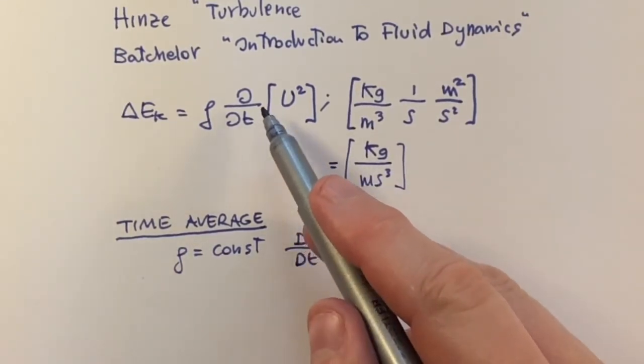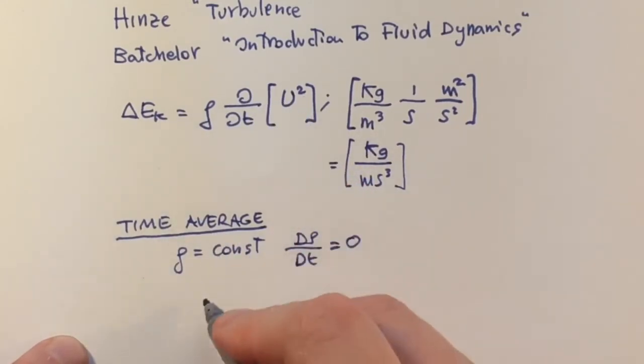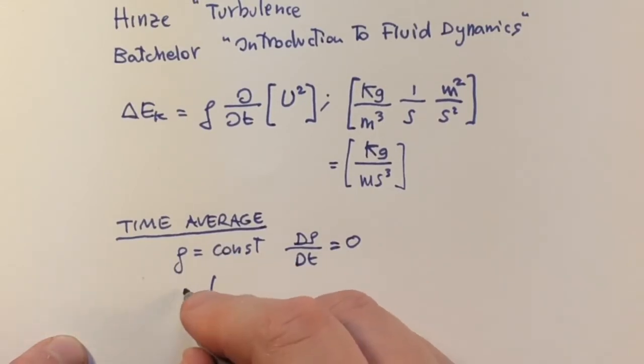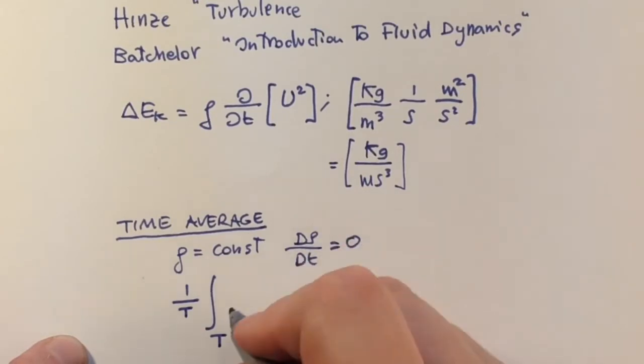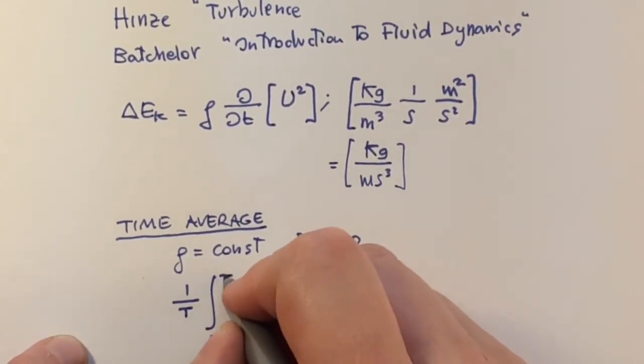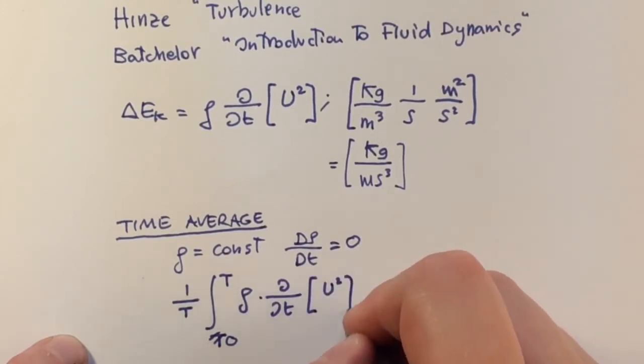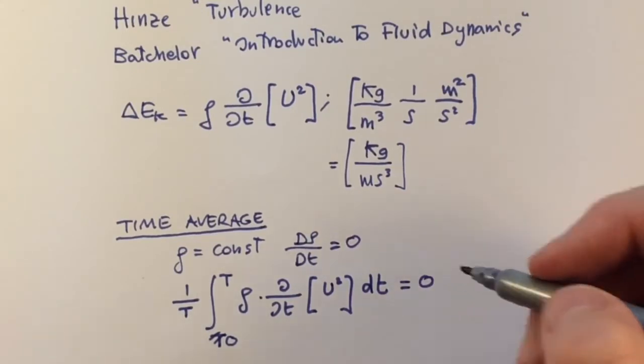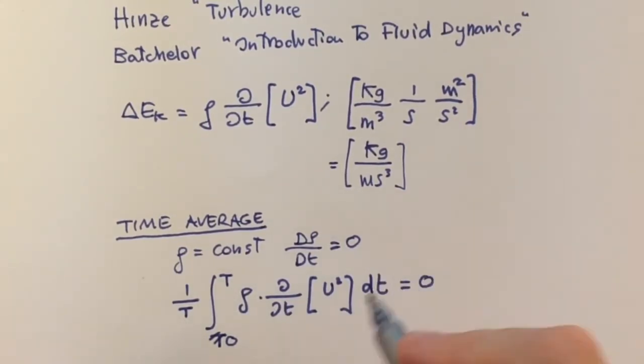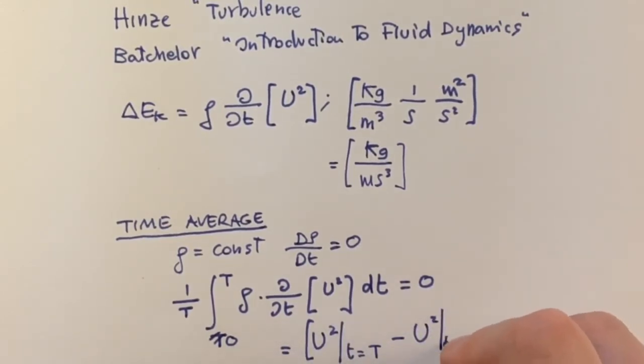So in this case, if we average over time, we have a periodic flow, then we average over time. So for example, if we average over the period, it would be correct to say from 0 to T of rho times partial t of u squared, then this is exactly equal to 0, because this is exactly equal to u squared at time t equal big T minus u squared at time t equals 0, multiplied by the density, and divided by time.